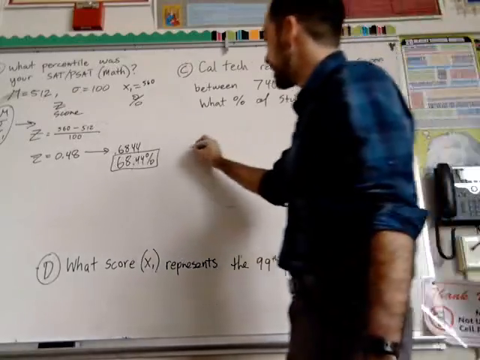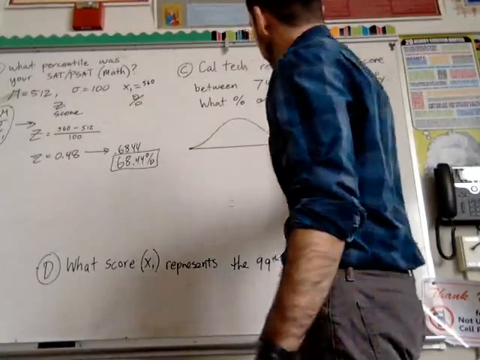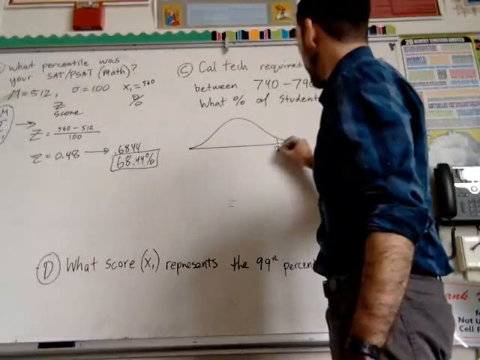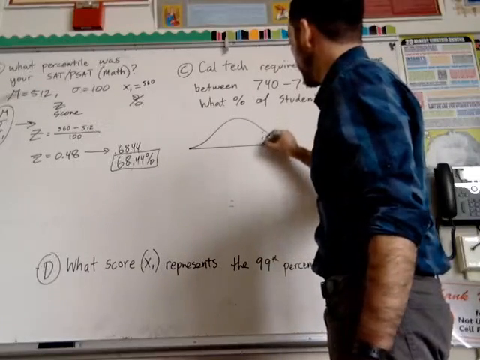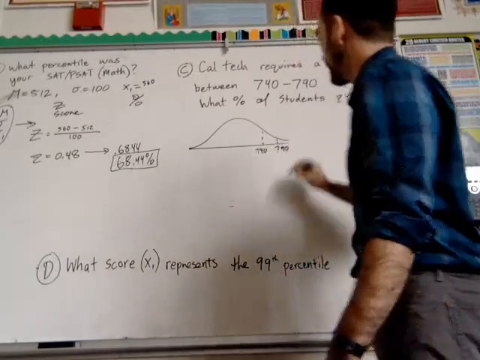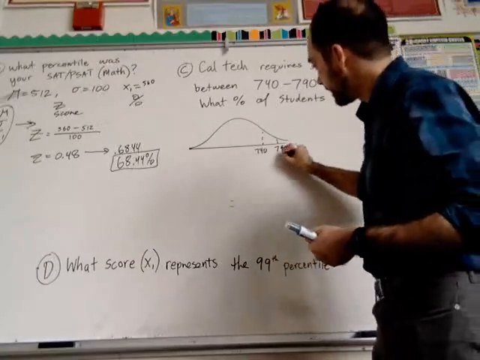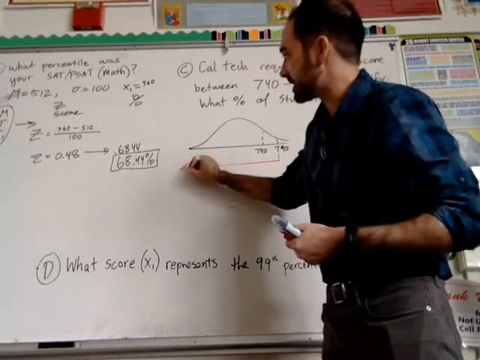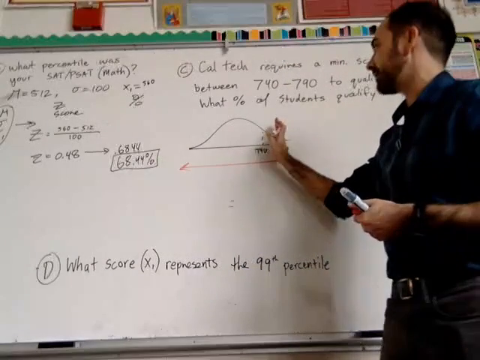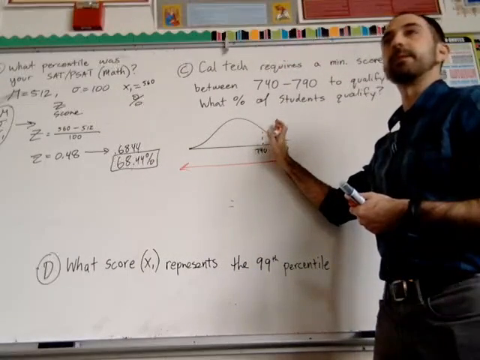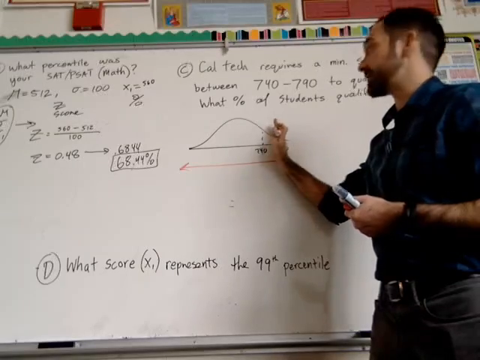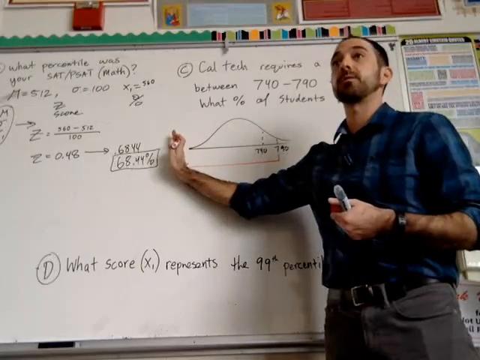This is one of those situations where, if here is 790, here is 740, right? You have 790 is all of this. Your z-score is going to give you a percentage, this might be 98%. You're in the 98th percentile, so 98% of people scored less than you.